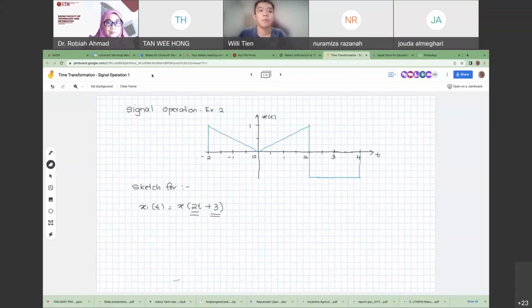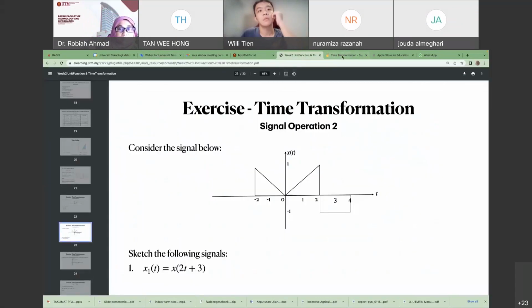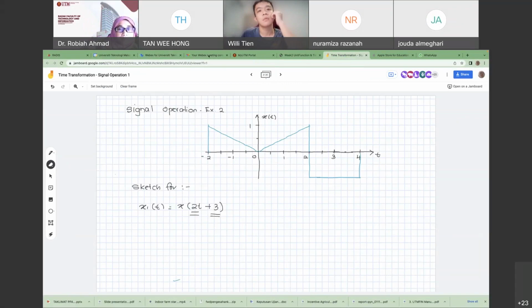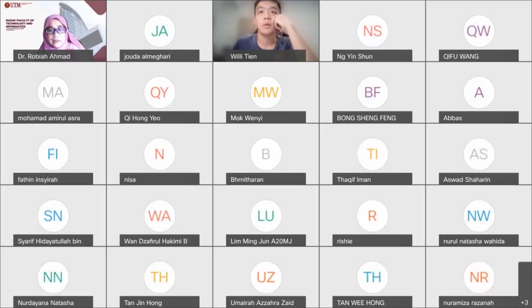You try on the paper first. Let me create another Jamboard page. Okay, I will give the link again. Stop sharing first. We try the exercise first. Let me do the Jamboard setting.